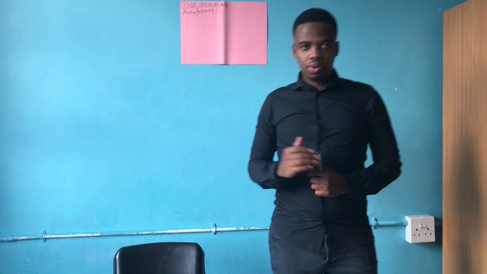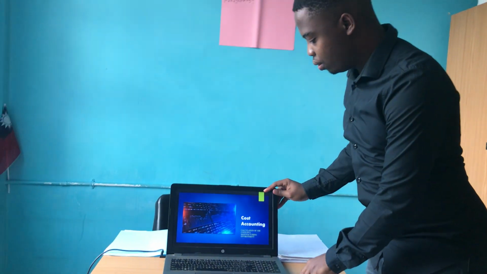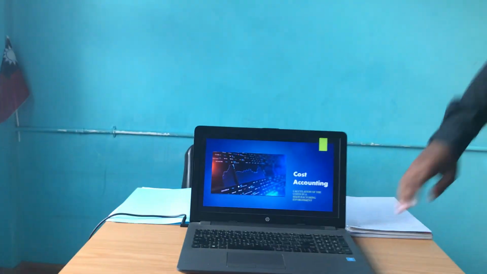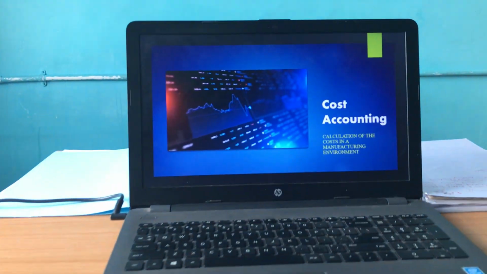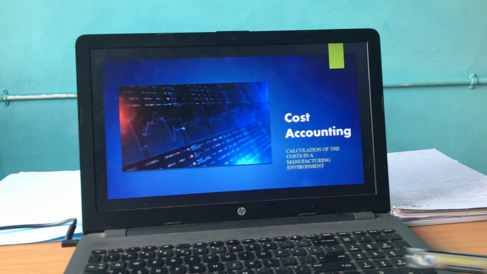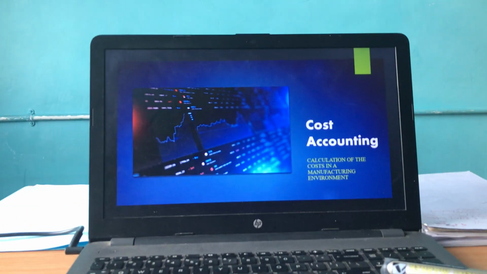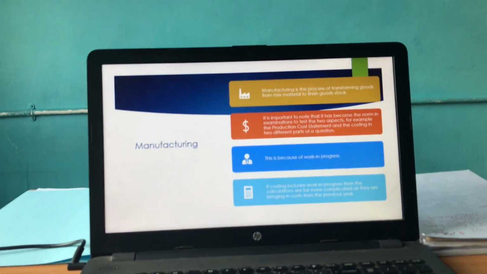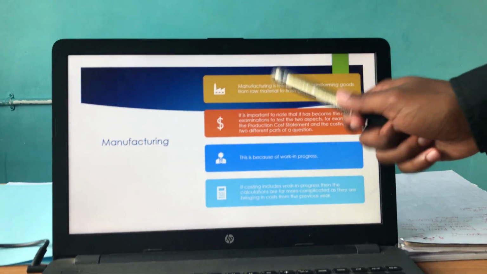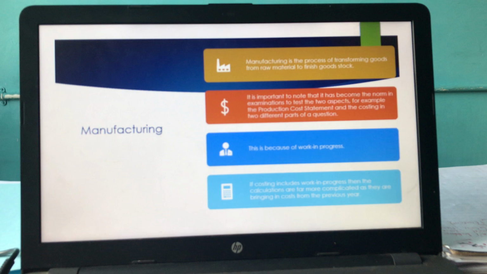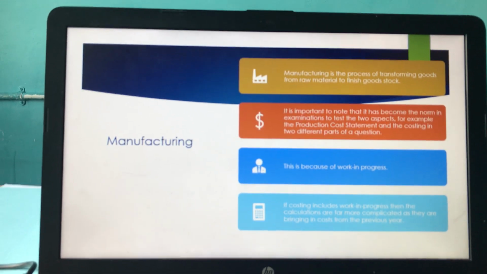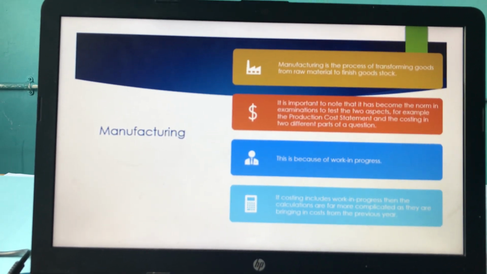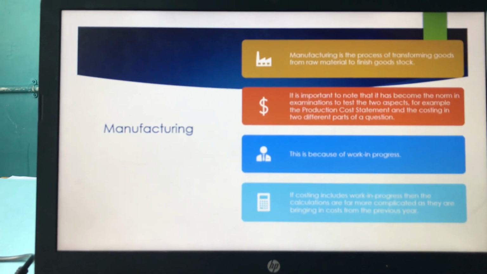So we're going to look now in the slideshow, which shows us clearly that we are in cost accounting. In cost accounting, we have manufacturing. This is where manufacturing is the process of transforming goods from raw materials to finished goods. I have explained that and touched on that.